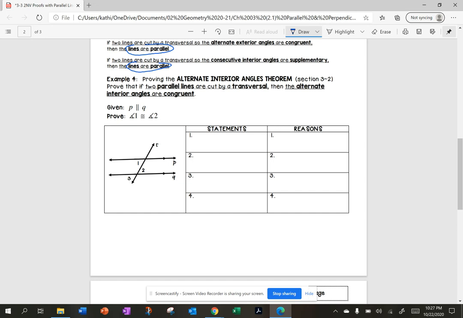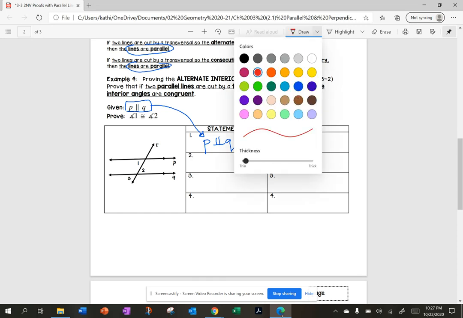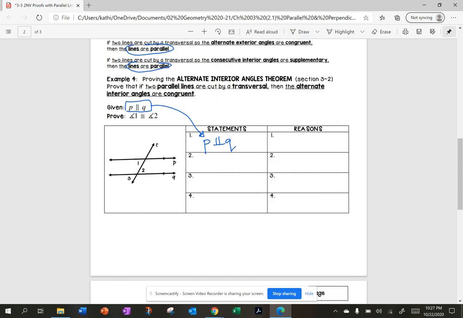So I can fill in the part that's given. I've been given that line P is parallel to line Q. So I can put that in my first statement, and my first reason is given.